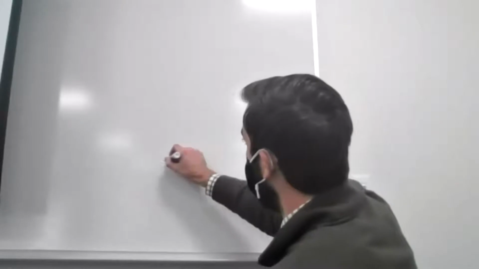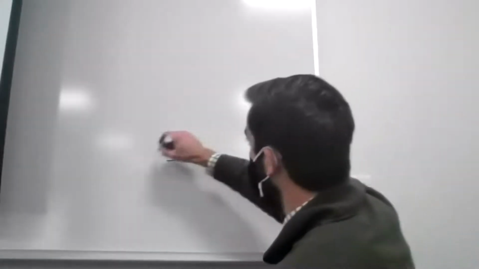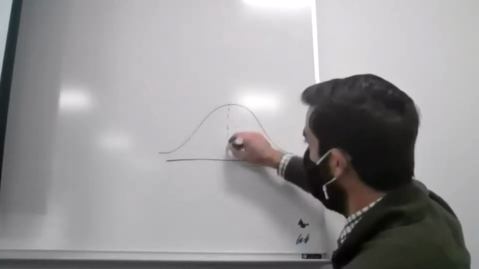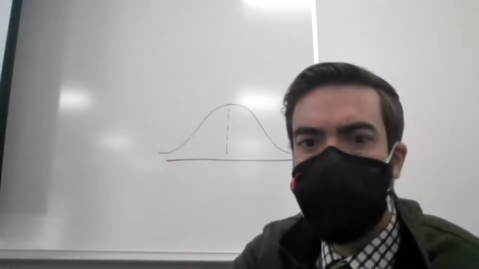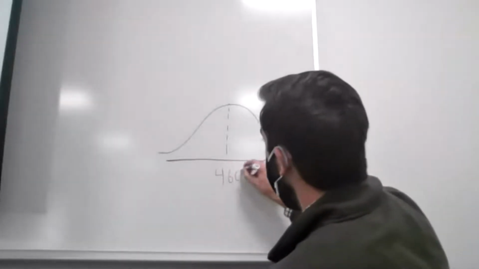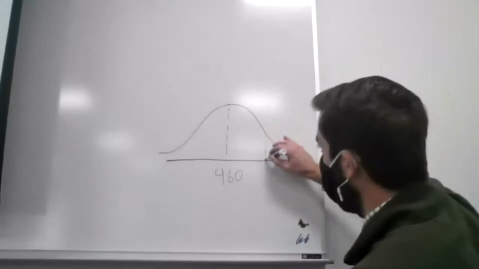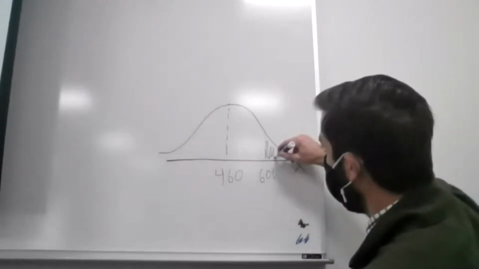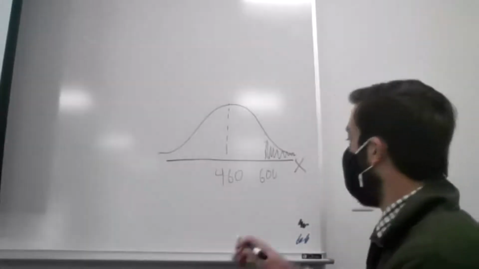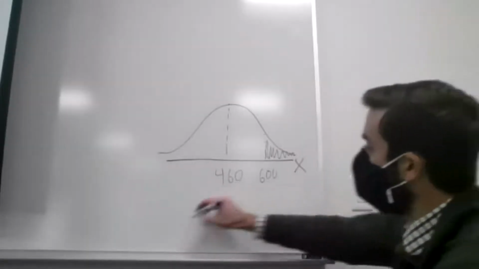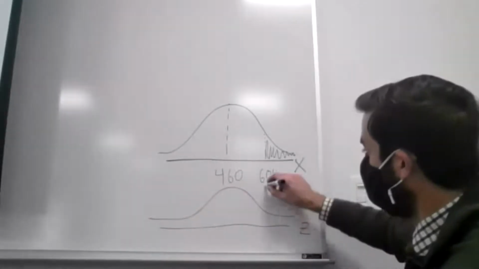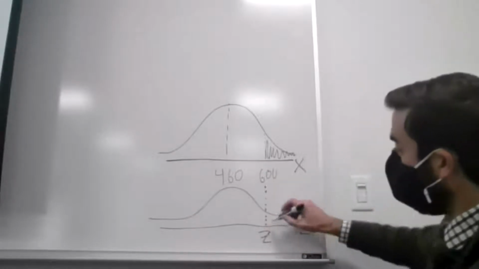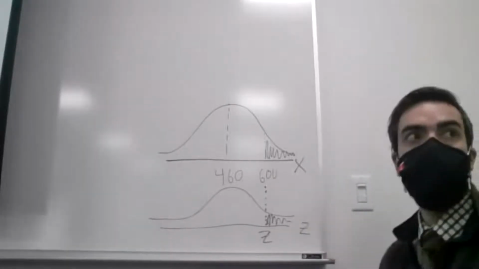It's normally distributed around 460. So what we need to do is turn this normally distributed variable into a standard normal distribution. Once we have that z value for 600, we then want to find the area to the right of it.